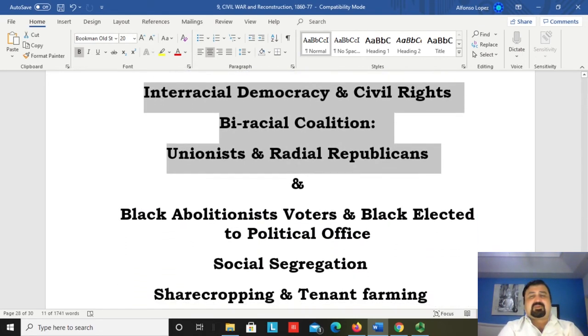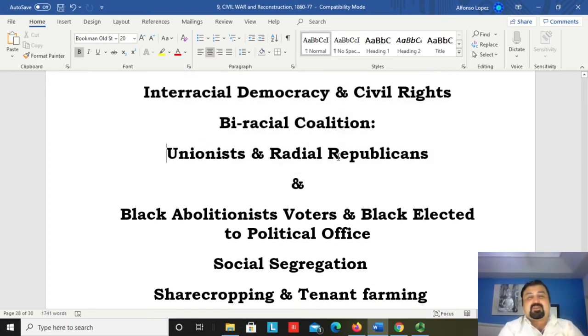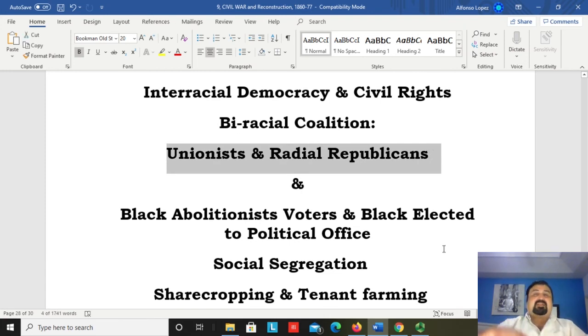And so it is precisely this coalition, this alliance between, first and foremost, the Unionists in the South, Unionist Democrats, for example, and the radical Republicans coming from the North. Northern radical Republicans coming to the South, together with Unionist Democrats, will constitute one bloc that is going to be essential for the rise of the Republican Party.